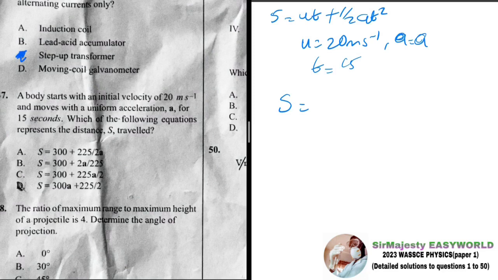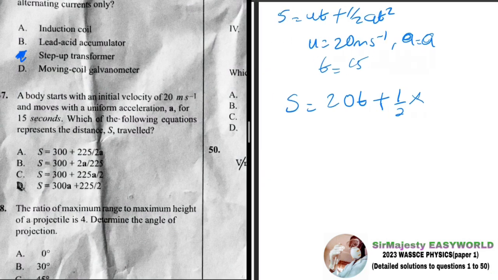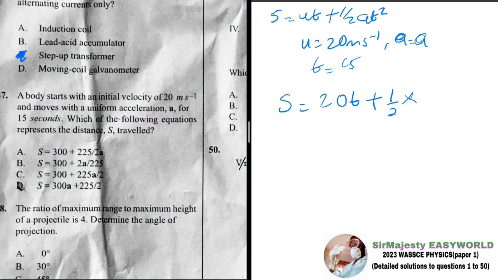So our s here is given as 20, our u here was 20, that's 20t, plus half times a times, our t is 15, so that's 15 squared.